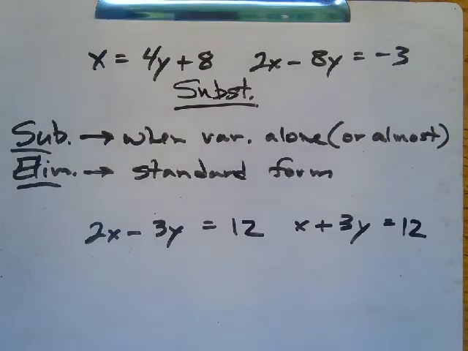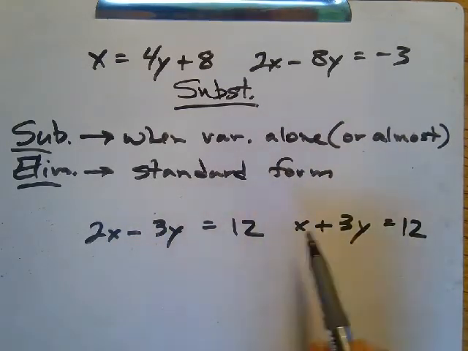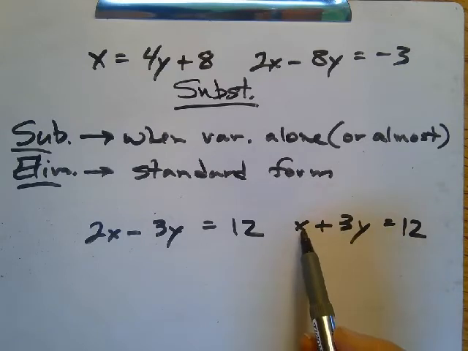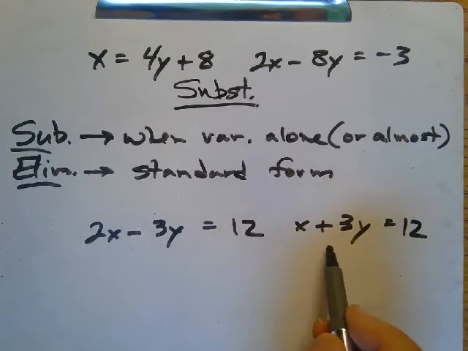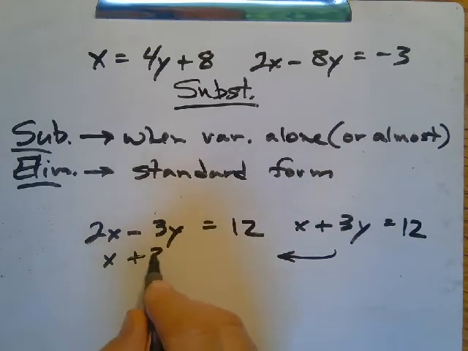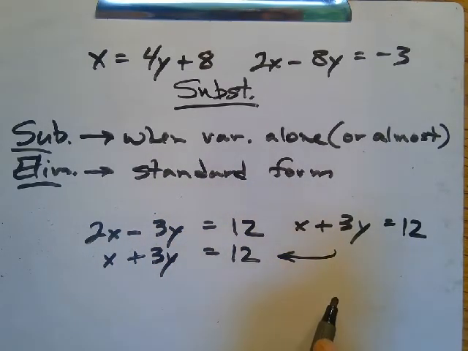All right, now take a look at this next problem I've snapped up here. The question is which method would be better? Well, x is almost alone here, but if you notice, these are both in standard form. So I would just take this equation and stick it underneath here and go ahead and solve it this way.